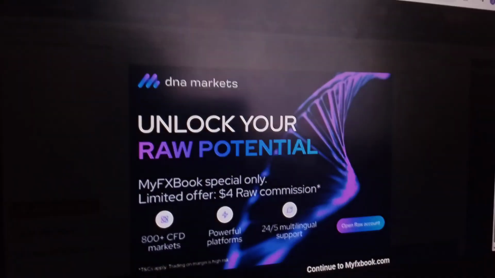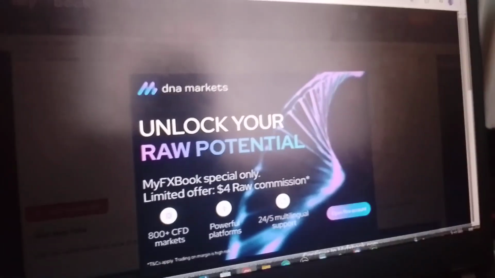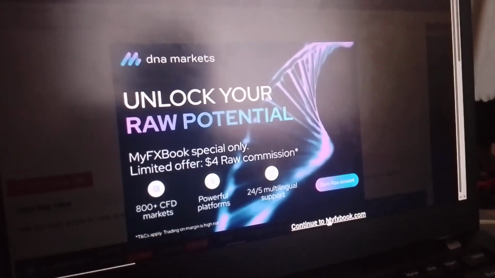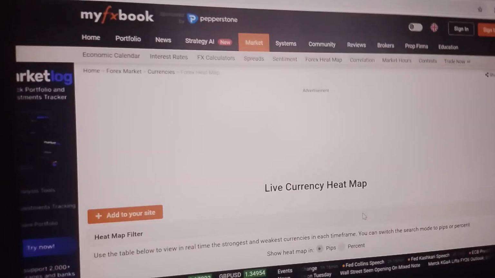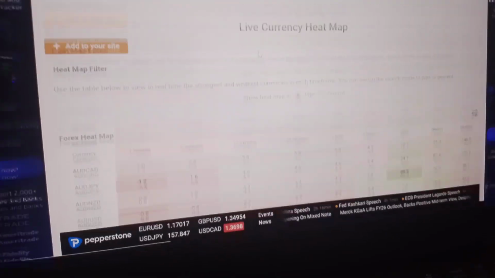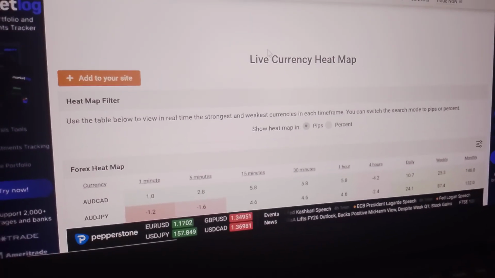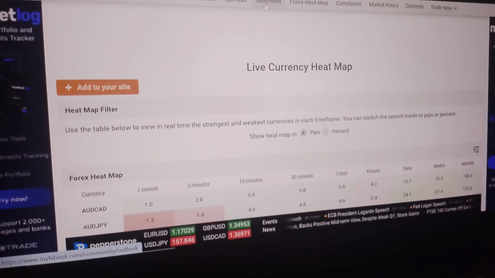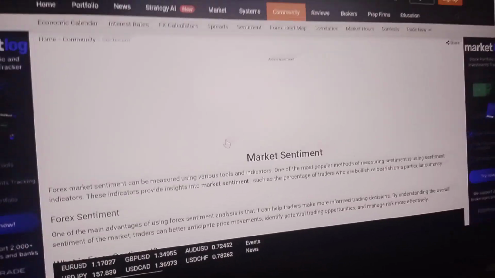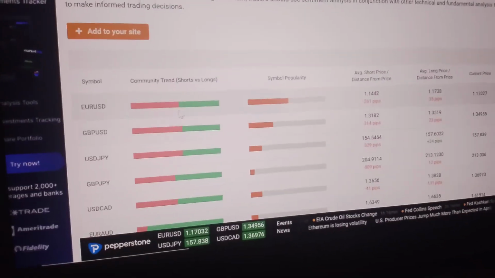Then we have my FX book. My FX book is here. I always use it for just one reason, to check the sentiment on how retail traders are doing, because of course you don't go with the majority.